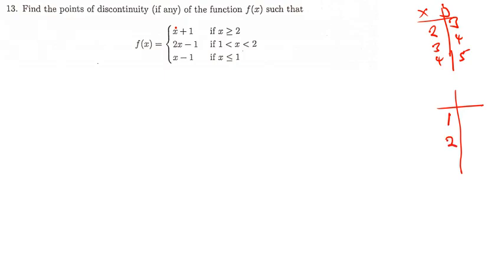If I put 1, 1 times 2 is 2, 2 minus 1 is 1, right? I don't know who is confused already. You can just ask, I'll be able to explain. We are good to go.